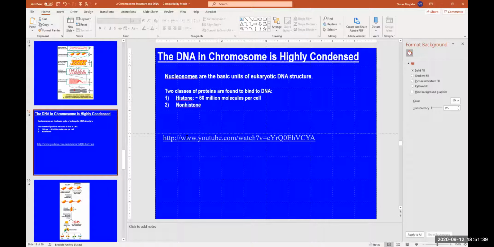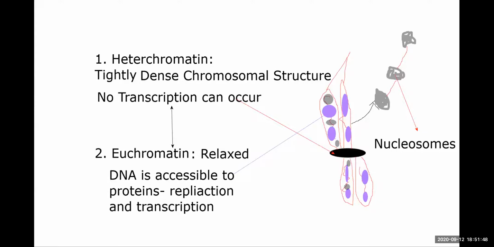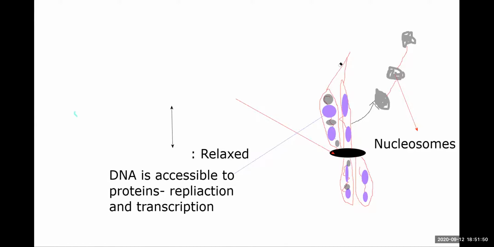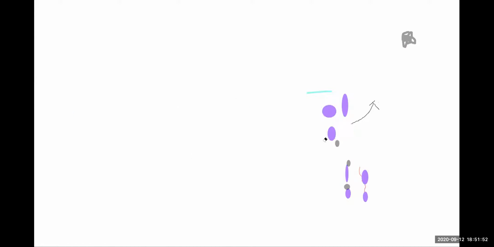Now we come to what are the proteins which are present in the nucleosome. So nucleosomes, this much is clear, are the building block of chromosome. Now what are the proteins that make up a nucleosome?